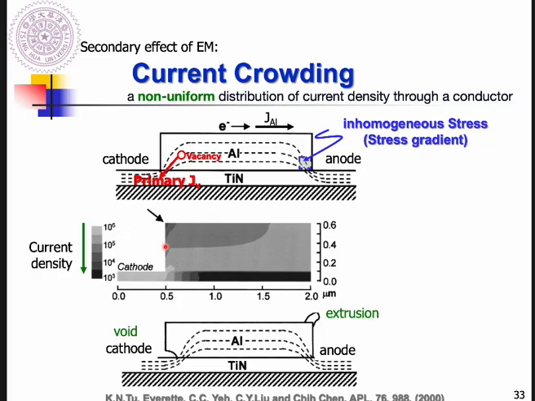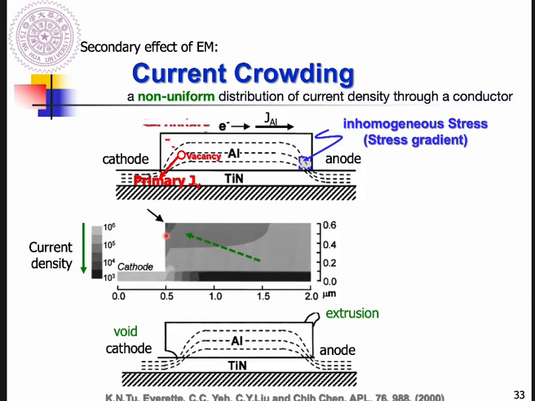The light gray region has a higher current density, and the upper left corner has the lowest current density, so we visualize a gradient. Some of the vacancies will move along this current density gradient in these directions.